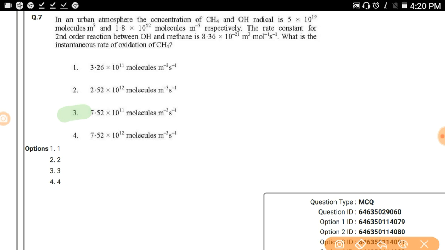The rate constant for second order reactions between OH and methane is 8.36 into 10 to the power minus 21 m cube per mole per second. What is the instantaneous rate of oxidation of methane? So the right answer is 7.52 into 10 to the power 11 molecules per m cube per second.